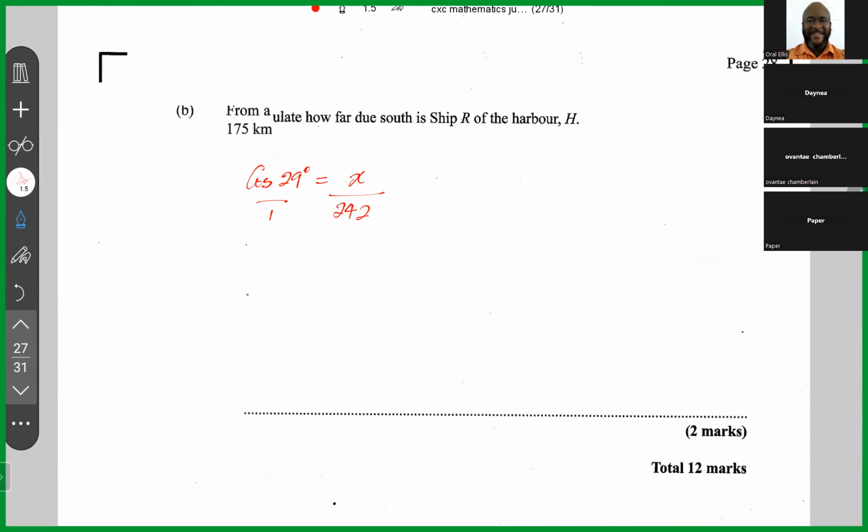To get rid of the fraction, I'm going to cross multiply. X is equal to 242 cosine 29 degrees. X is equal to 211.7 kilometers. So how far south is R from H? The answer is 211.7 kilometers south of H.